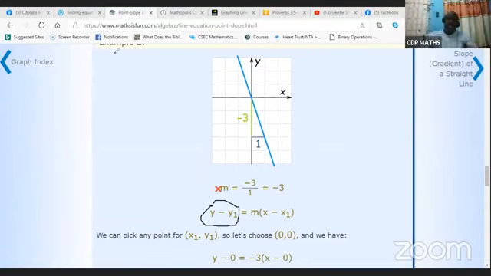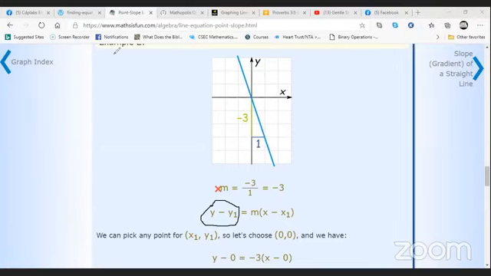Let's say changing y. Go ahead, Qin. Changing y is equal to the gradient multiplied by the change in x.